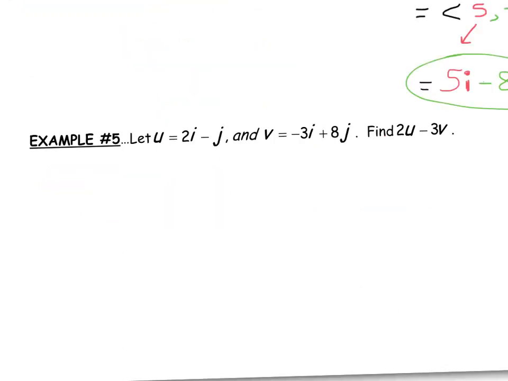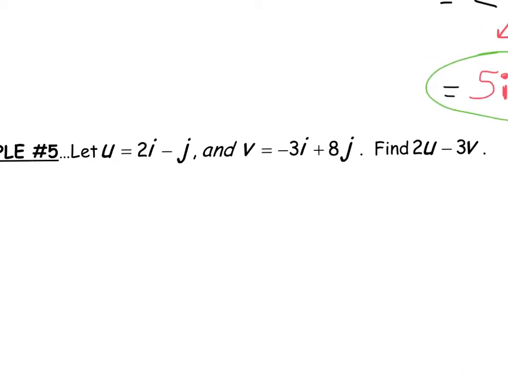So notice that example number 5 is in a particular form already. It's in my unit vector form. So I can do vector operations, scalar multiply by 2, multiply by -3, and add or subtract, etc., just by considering the individual components. So we'll show each step. u is this. So double that to get 2i minus j there.